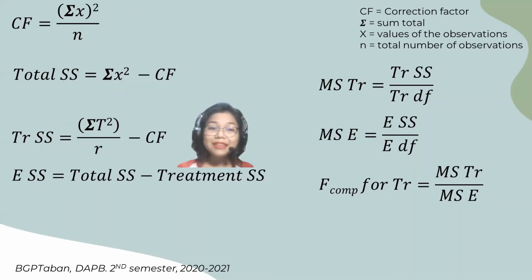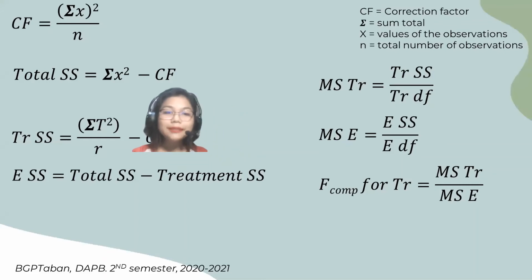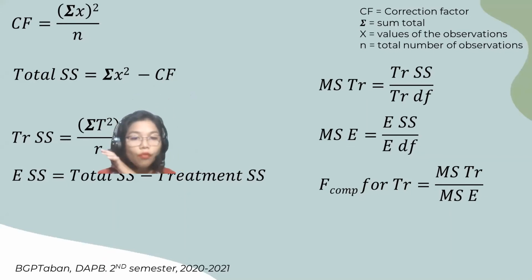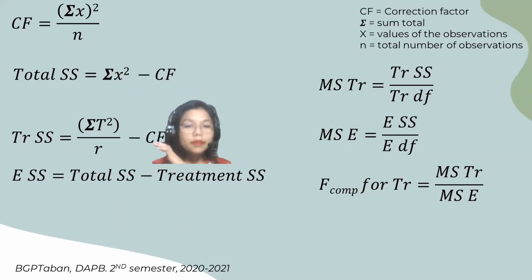To compute our treatment sum of squares, we simply divide the sum of squares of the treatment means by the replication, minus the correction factor.